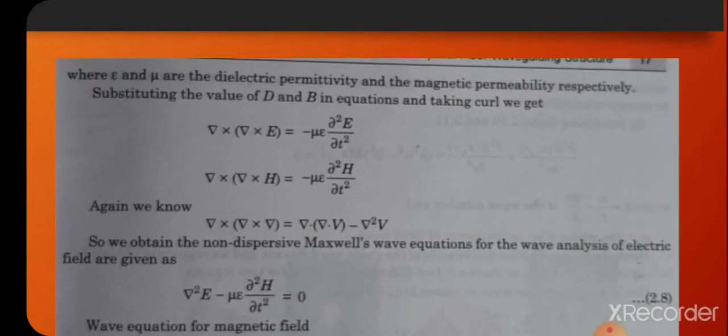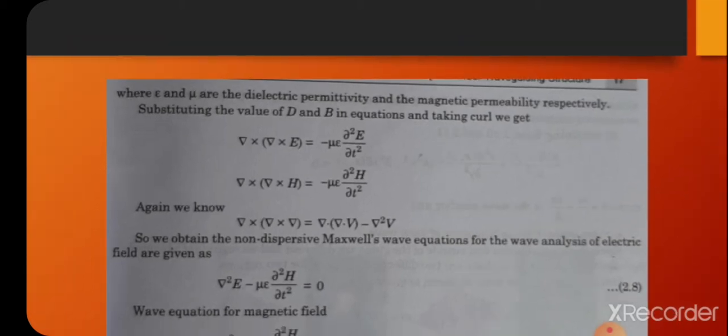And in that case we know that epsilon and mu are the dielectric permittivity and magnetic permeability respectively, where epsilon is dielectric permittivity and mu is magnetic permeability, and we can substitute the value of D and B in the equations.